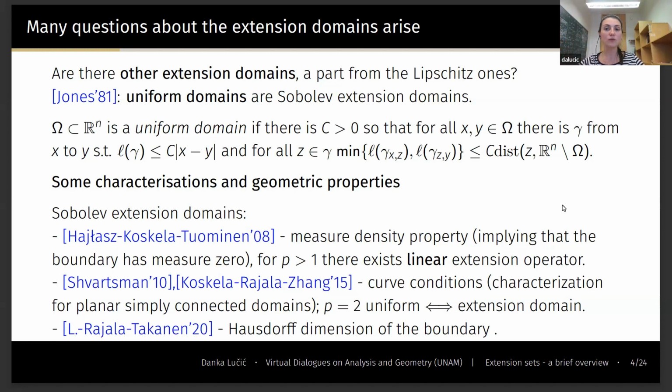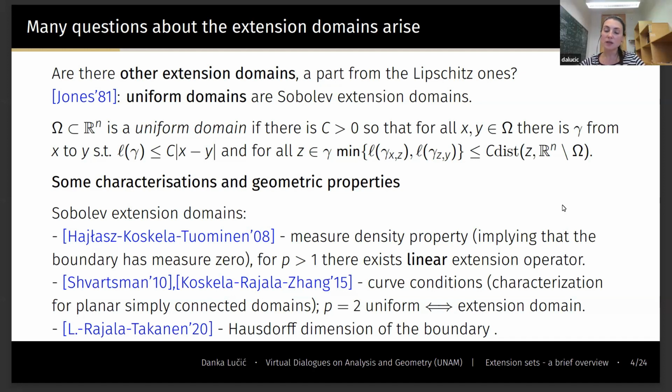A domain is uniform if there is a constant such that any two points in our domain can be connected by a curve gamma whose length is controlled above by a constant times the distance between the points.